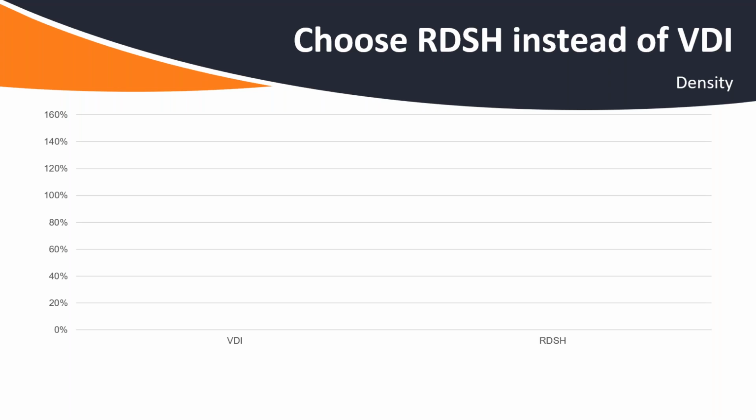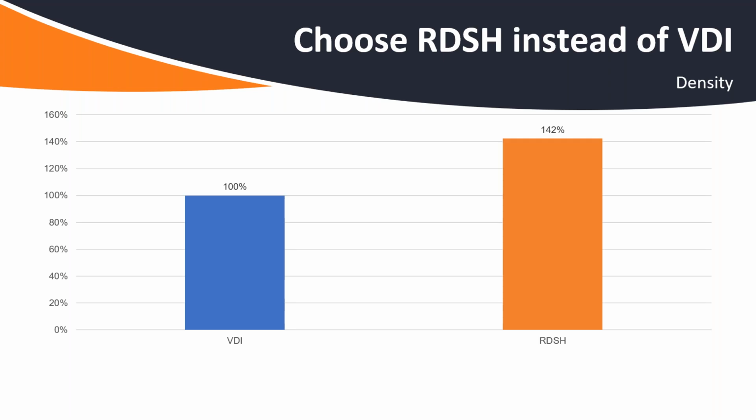So client OS VDAs were the 100%. But with server OS VDAs, we saw 42% higher densities. That means a server OS is overall capable of achieving higher densities on the same box than using VDI as an access method.